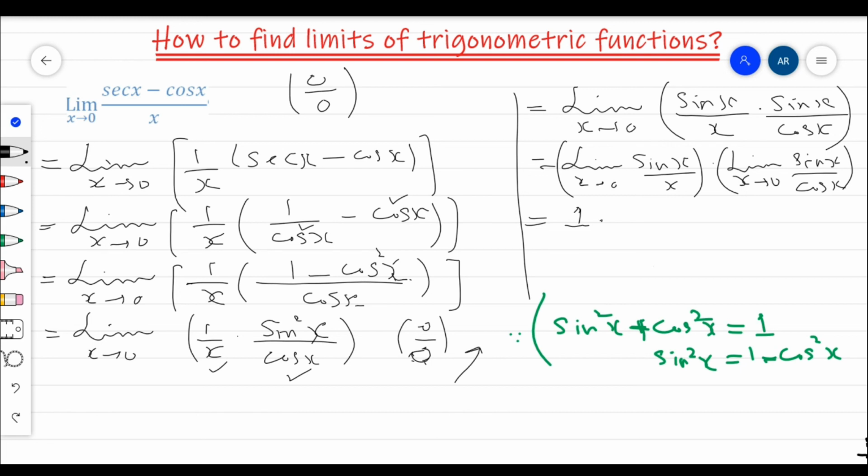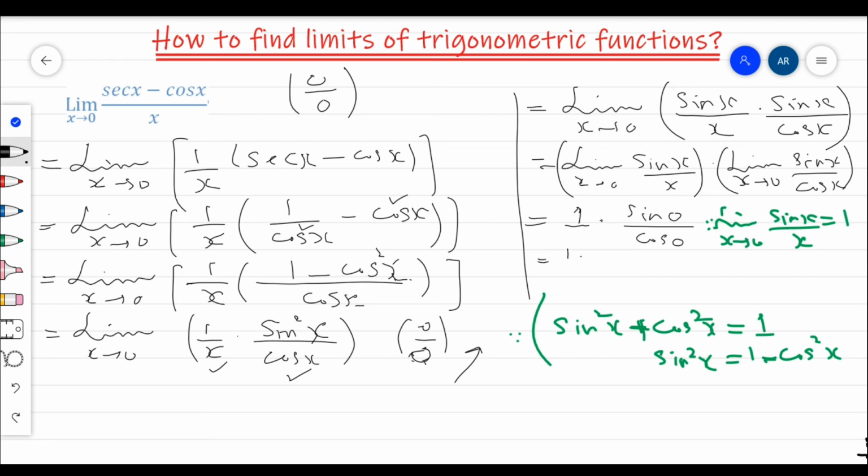Now let's apply the limit on the second function. X is approaching 0, so sine of 0 by cos of 0. And you can mention the reason that limit x approaches 0, sine of x by x is equal to 1.